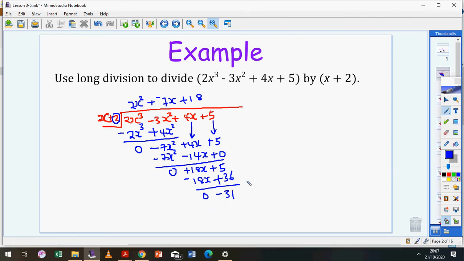So remember, just like in long division, negative 31 is my remainder. x plus 2 is my divisor, this whole term at the top is my quotient, and the expression that I started with is the dividend.